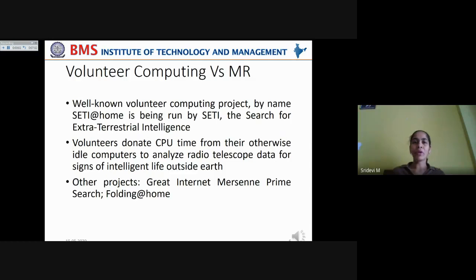Now we have also compared volunteer computing with MapReduce. In volunteer computing, we quoted the example of SETI at Home, that is, Search for Extraterrestrial Intelligence.